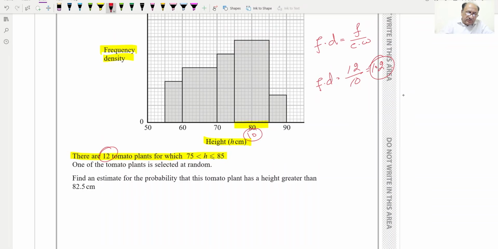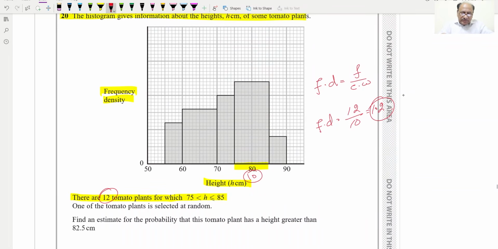So we can find the scale of the frequency density side. It means 1 is this one, and 1.2 will be this height. 1.2 multiplied by 10 is equal to 12. This is how we have calculated this bar.